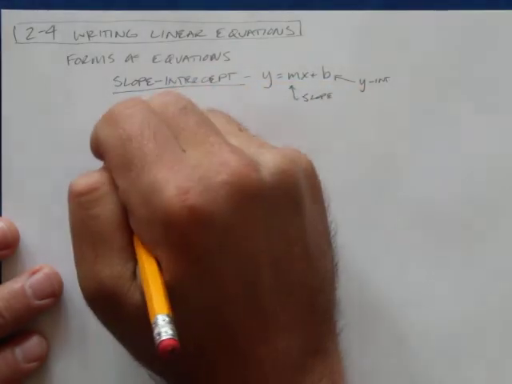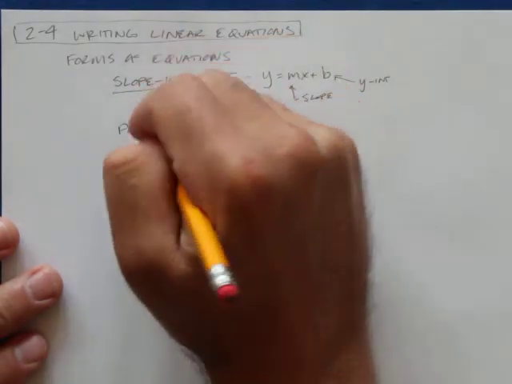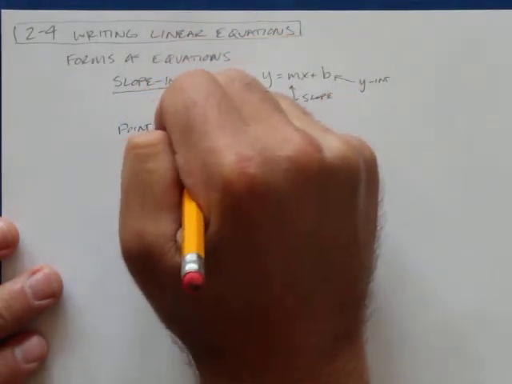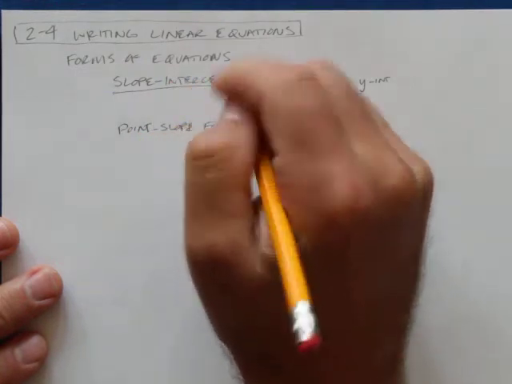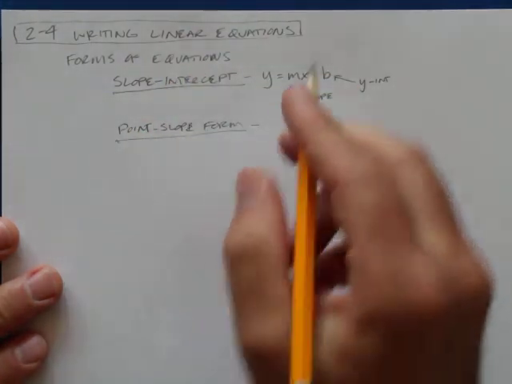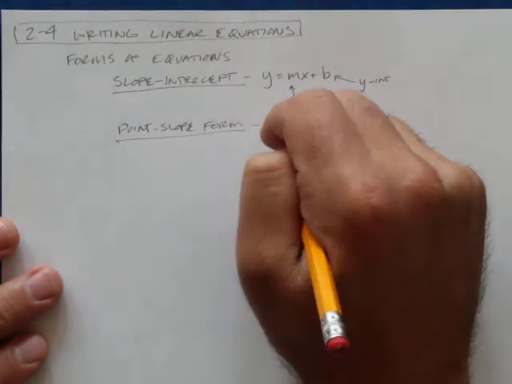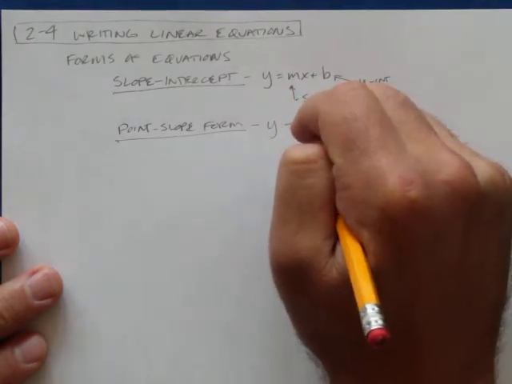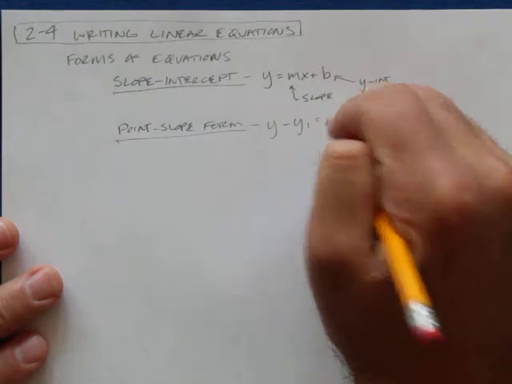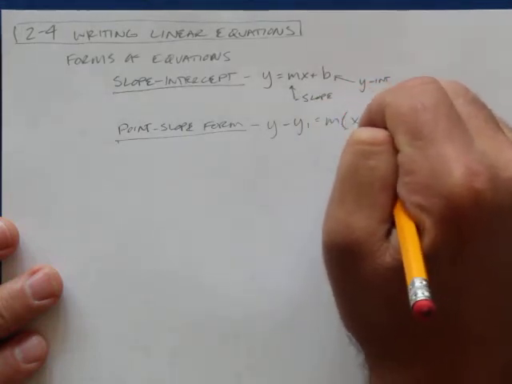And we're also going to look at point-slope form, where y minus y1 equals the slope times x minus x1.